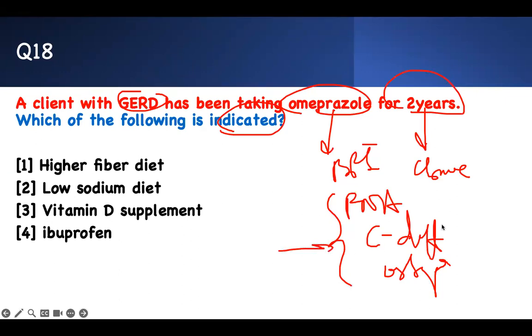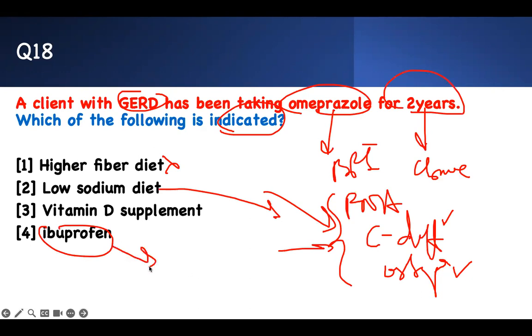When they have diarrhea, C. diff, bowel movement. When they have osteoporosis, you've got to teach them to prevent osteoporosis. High fiber diet does not answer my content here. Low sodium is not indicated. When you're on a PPI, you shouldn't be taking NSAIDs like ibuprofen. That will make you bleed and you develop ulcer, right?